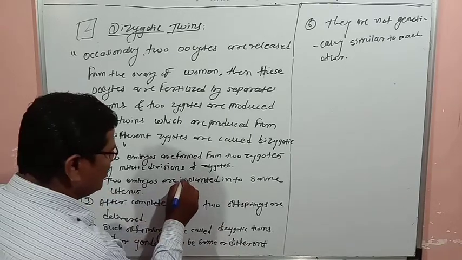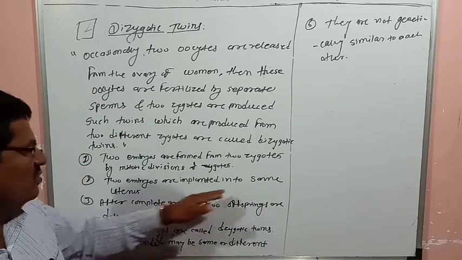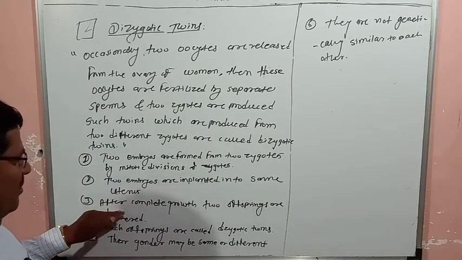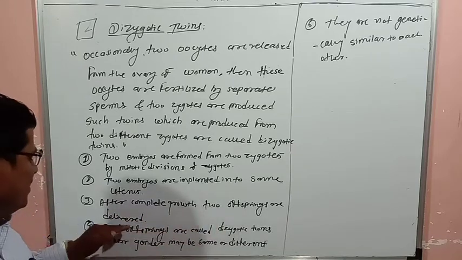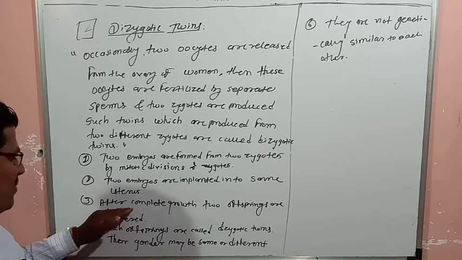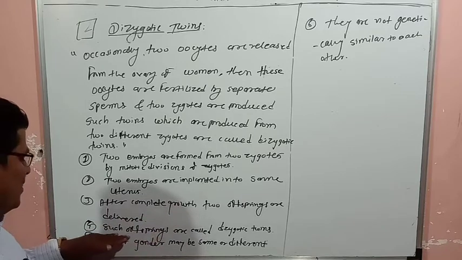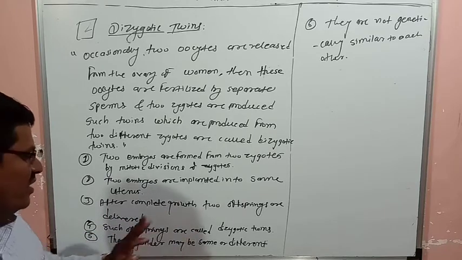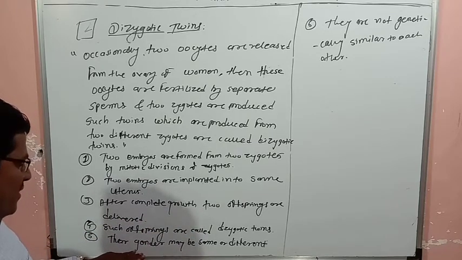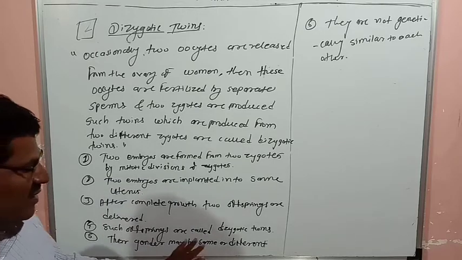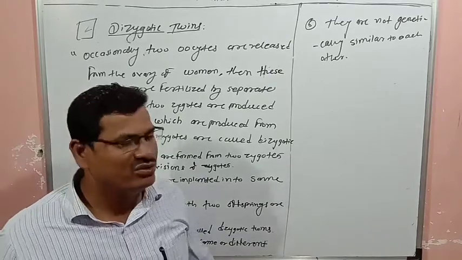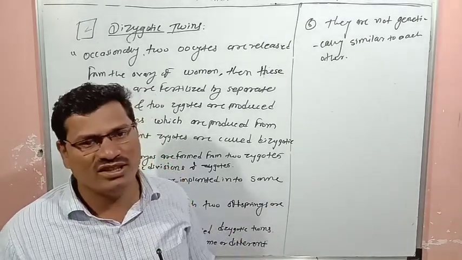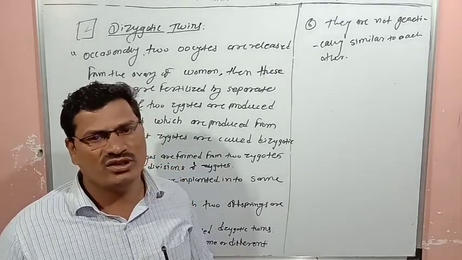These are implanted into the same uterus. After complete growth, two offspring are delivered. Such offspring are called dizygotic twins, their gender may be the same or different, and they are not genetically similar, or not genetically identical to each other.